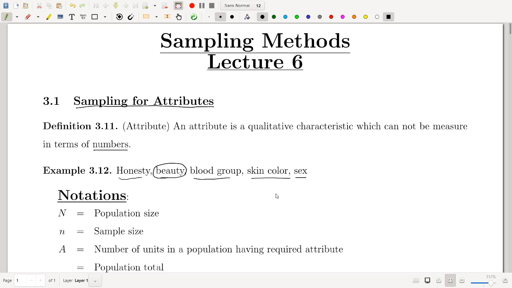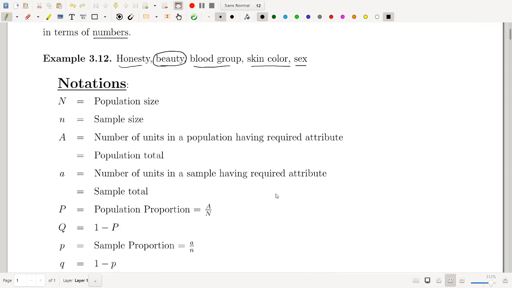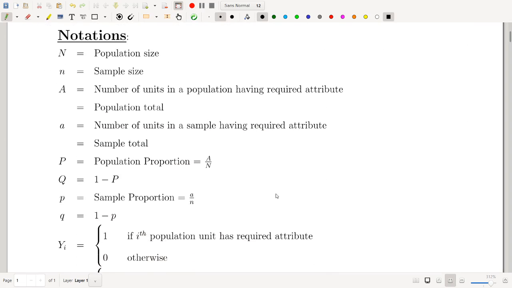So when attributes are given, how to take a sample? Notation: capital N means population size, small n means sample size. We are going to use capital A notation for the number of units in a population having the required attribute, or we can say this is the population total.